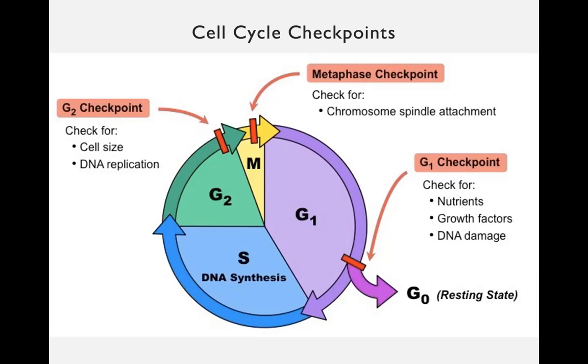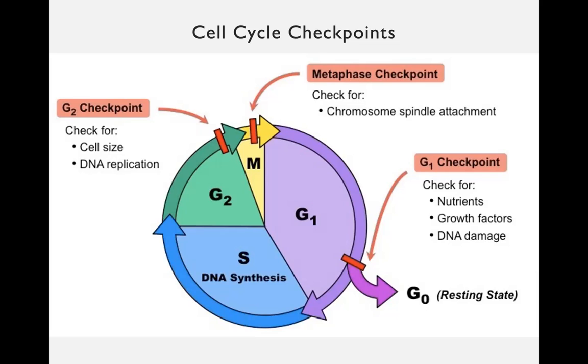The G1 checkpoint makes sure the cell's big enough to continue on and eventually divide. Does it have enough nutrients? Has it grown enough? Is there any DNA damage? Don't worry about the resting state right now. We'll talk about that on Friday. If all of that's good, it'll go through DNA synthesis into the G2 stage.